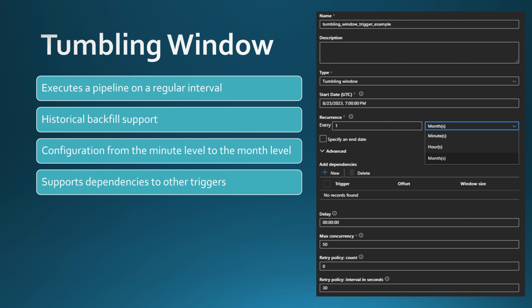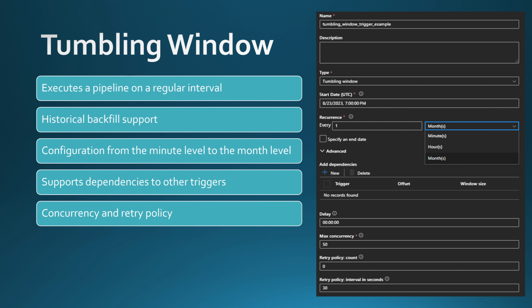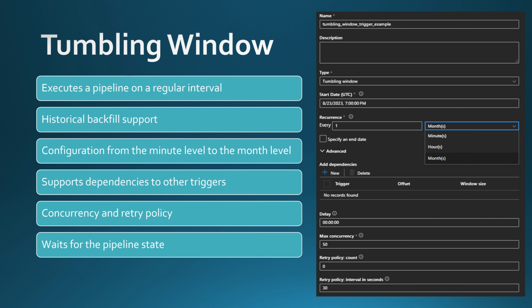And this trigger has concurrency and retry policies that were troubling in our previous example. So we can say that we only allow one instance of this trigger to be running at a given time, and we can set a retry policy that if the pipeline fails, please try to run it a few times. We can also define the interval in seconds, how fast the trigger will try to rerun the failed pipeline.